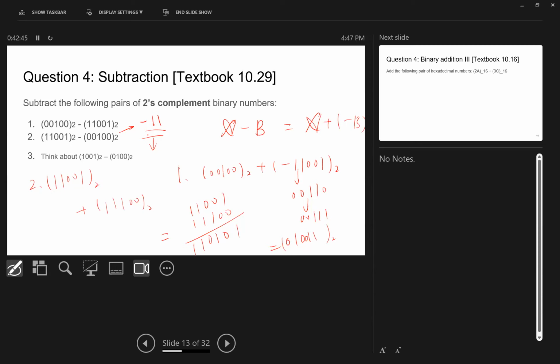So we can just add numerous 1s, or infinite 1s here. The only case we should take care of this overflow bit is when this bit is 0. We should take care of this overflow bit, actually.